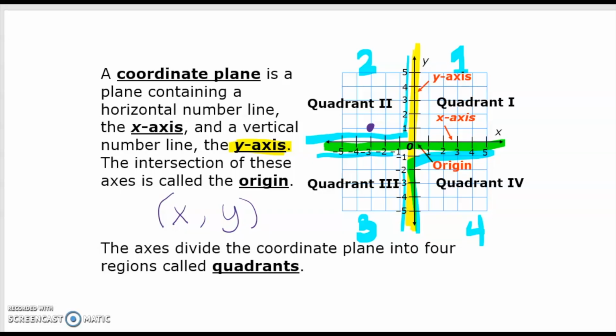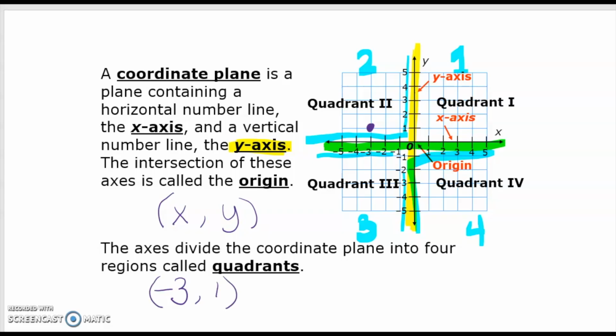So this particular coordinate, we can see that on the green x-axis, it's right above the -3. So that means our x value would be -3. Then when we look at our y value, where does it fall compared to our y-axis? We can see that it's over here, right across from the number 1. So our ordered pair would be -3, 1.